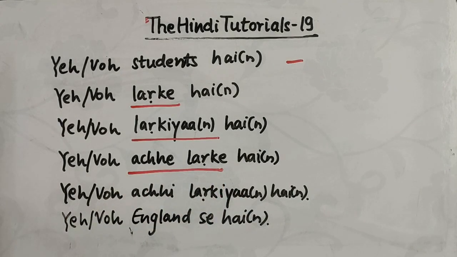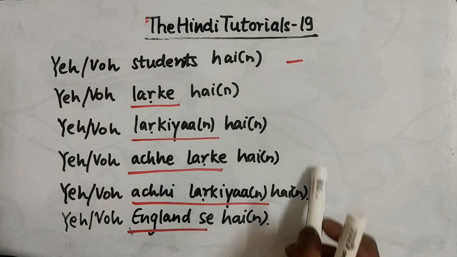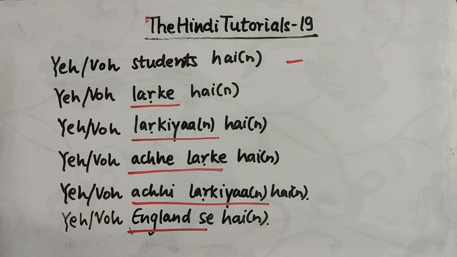They are good boys. ये और वो अच्छी लड़कियां हैं. They are good girls. ये वो इंग्लैंड से हैं. They are from England. Again, in all these sentences, we see हैं is here because we are talking about plurals.